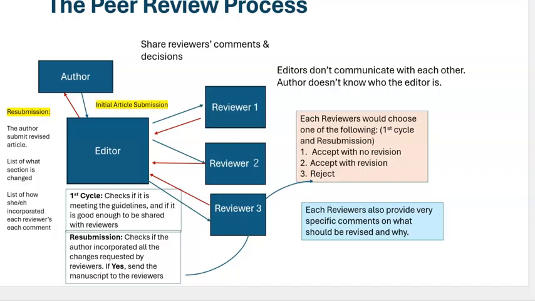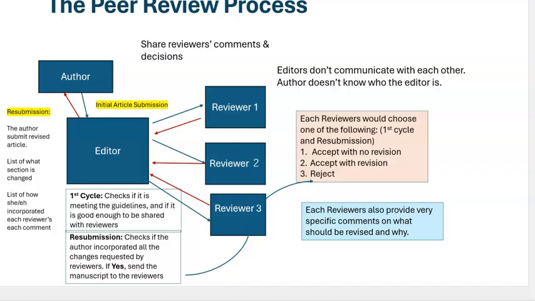The reviewers will review the manuscript using the guidelines given by the editor, and then they will decide whether the manuscript should be accepted with no revision, accepted with revision, or the manuscript should be rejected.